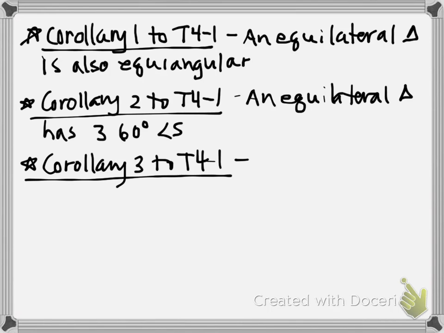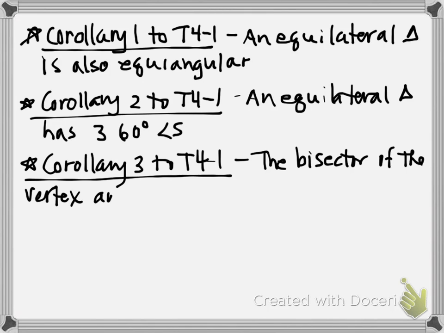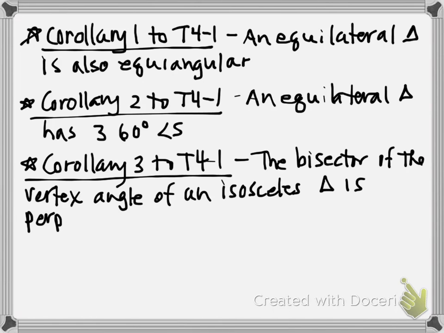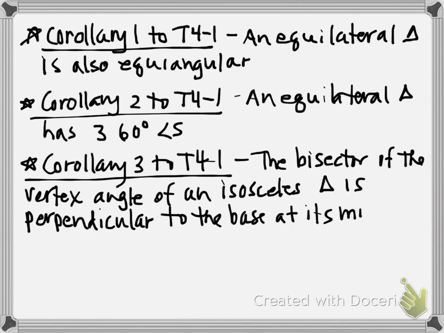It says the bisector of the vertex angle of an isosceles triangle is, oh, this is interesting, perpendicular to the base at its midpoint.